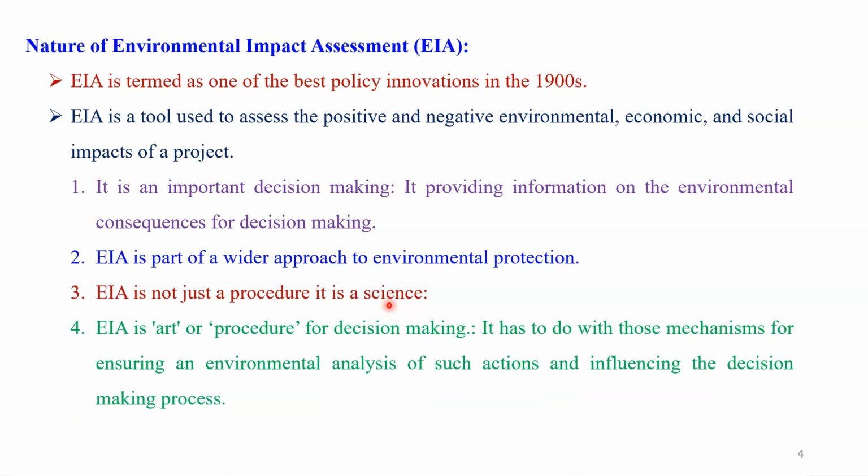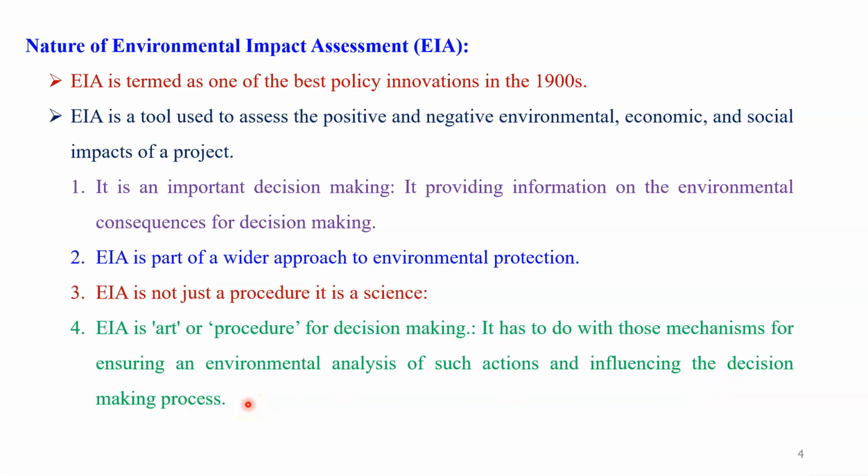The next important point is that environmental impact assessment is the art or the procedure for decision making. I just mentioned that in the first point. It has to do with those mechanisms for ensuring an environmental analysis of such actions and influencing the decision making process.